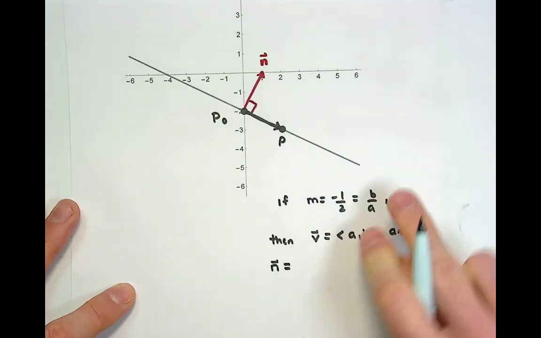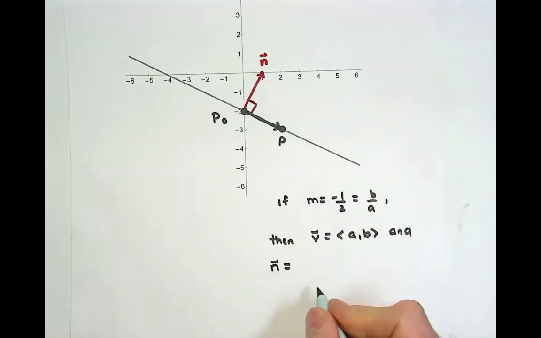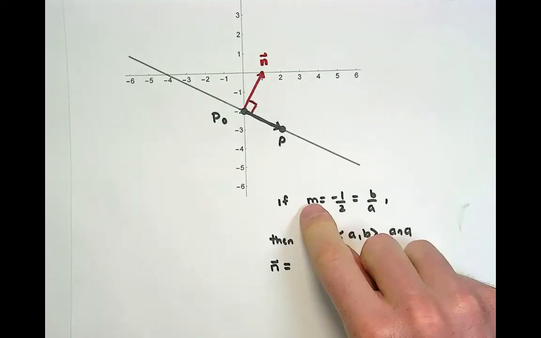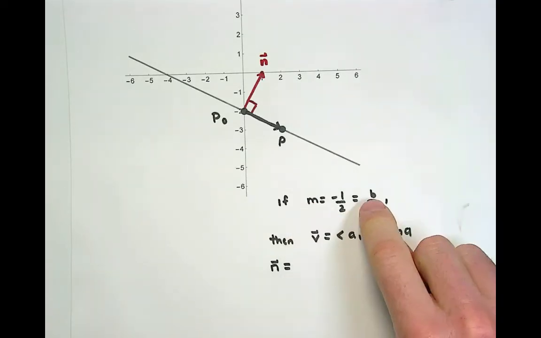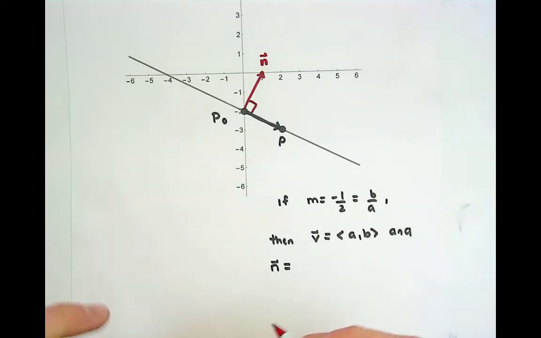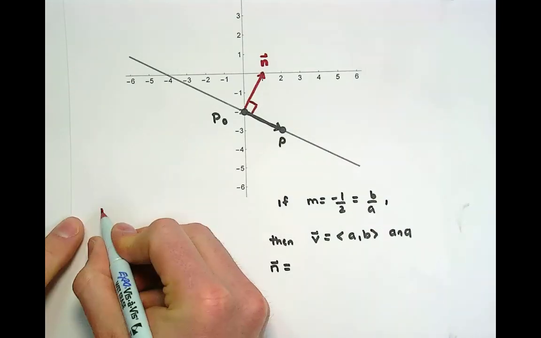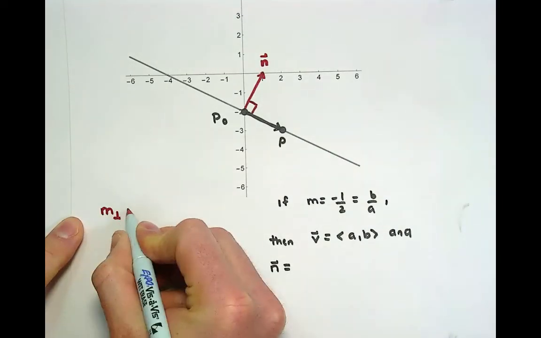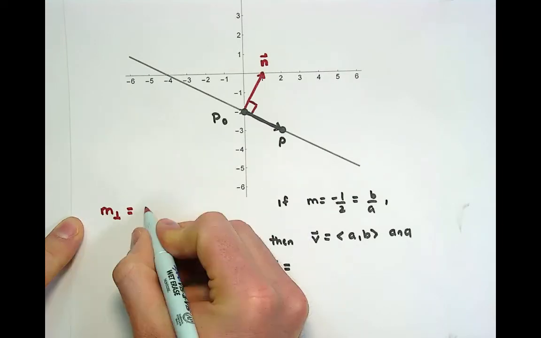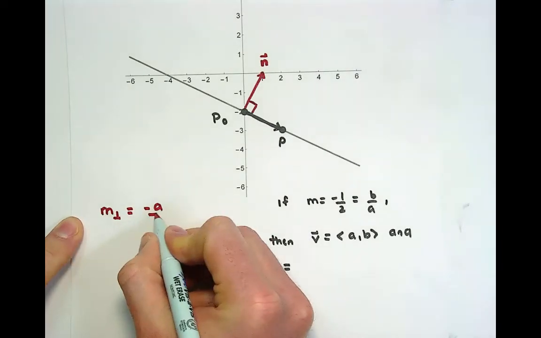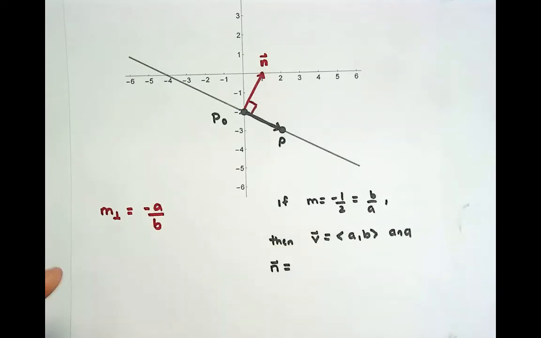So in order to have a 0 dot product, remember that the slope orthogonal to a over b, so if we wanted to talk about m perp, would have to be the negative reciprocal. So this would be negative a over b.